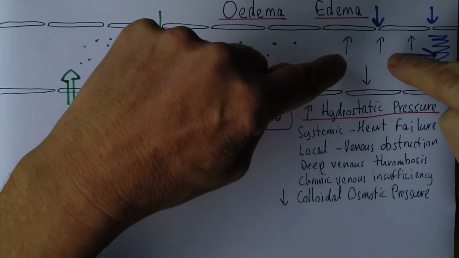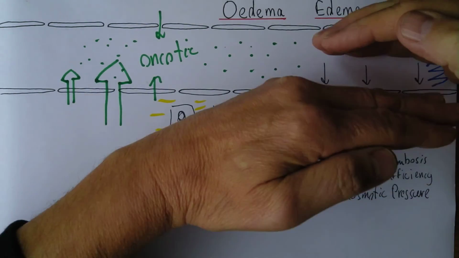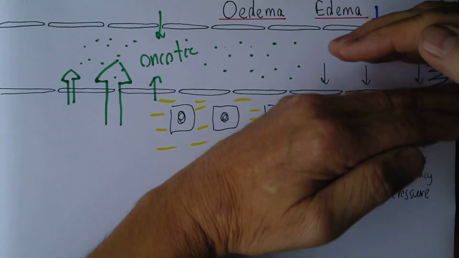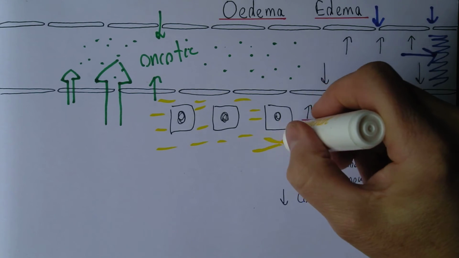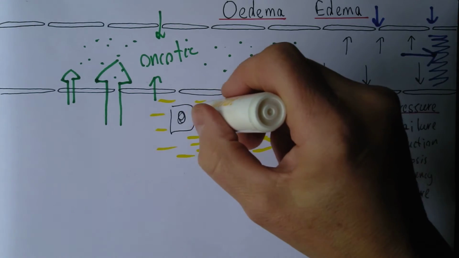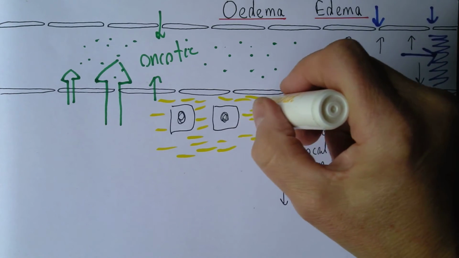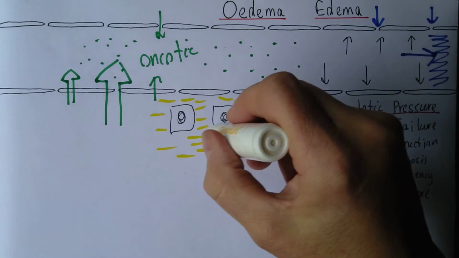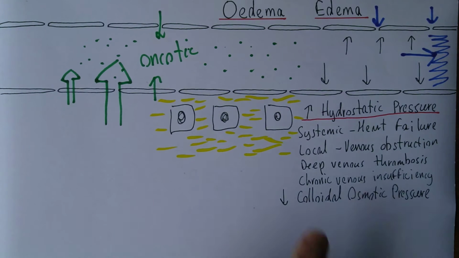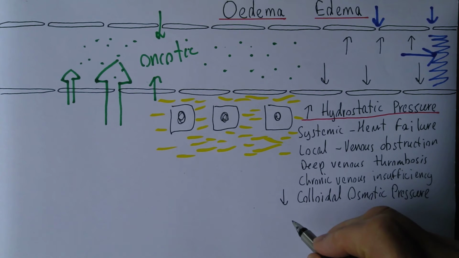But if we don't have the osmotic pressure inside sucking in, there's less sucking in pressure, more fluid again will be retained in the tissue spaces. So the increased hydrostatic pressure inside will cause the accumulation of tissue fluid, that is edema. And the reduced internal oncotic pressure sucking the fluid back in will also lead to this as well. So this could be caused by malnutrition.